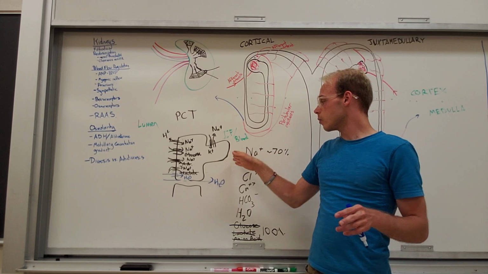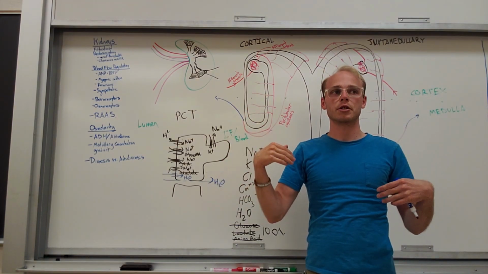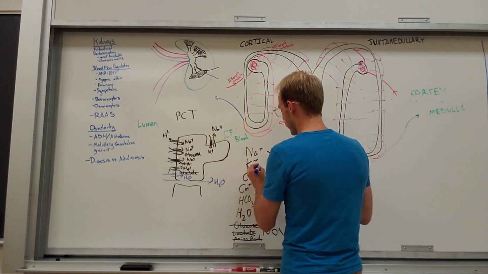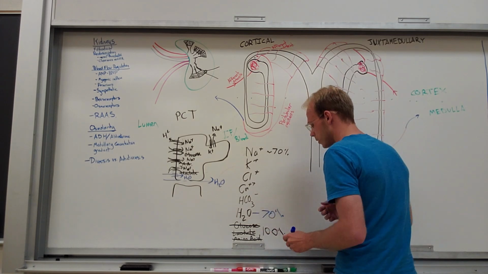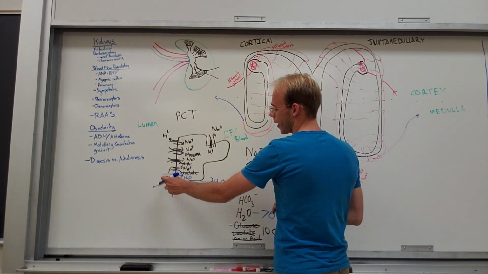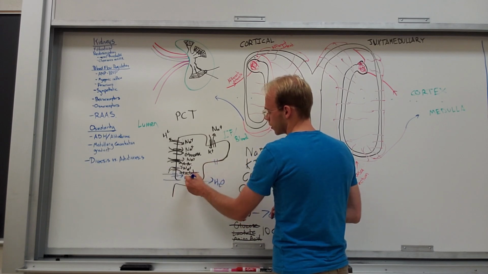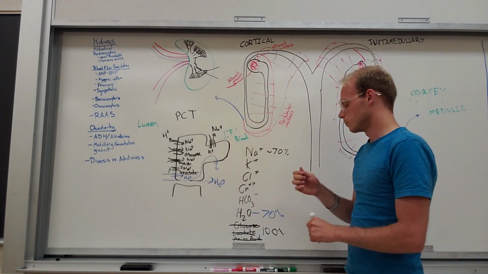So the blood will have, in the moment, a theoretically higher solute concentration. So water will flow from the low to the high. And so we also pull out, interestingly enough, about 70% of our water. And that will pass through paracellularly or go through aquaporins, into the blood eventually.